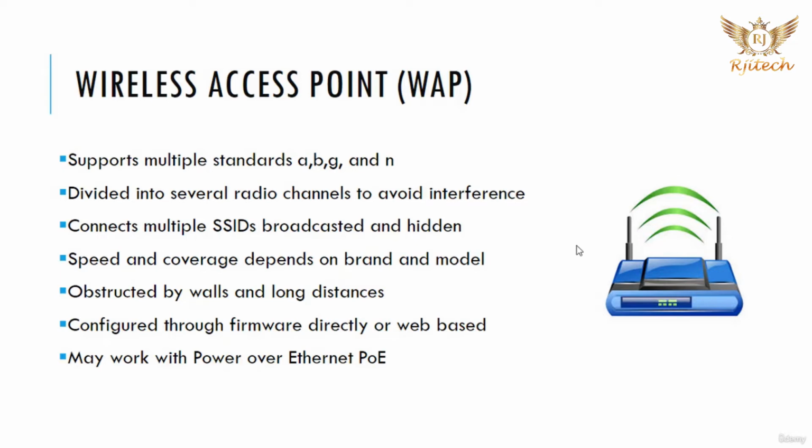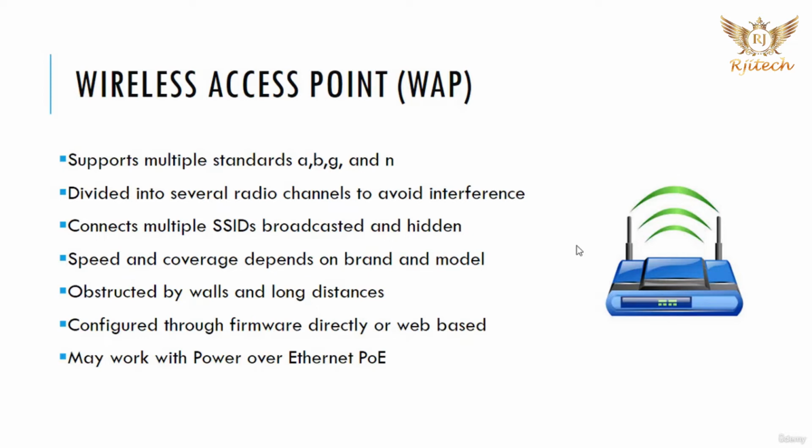One access point can hold several SSIDs, either broadcast or hidden. The speed and coverage of the access point depend on the brand and model of the manufacturer. A good one can cover a bigger area and can have a higher speed.